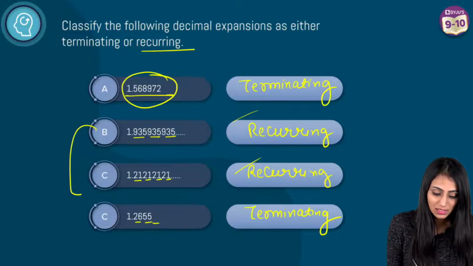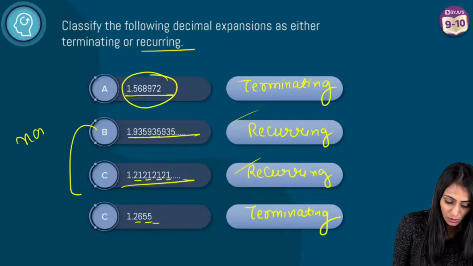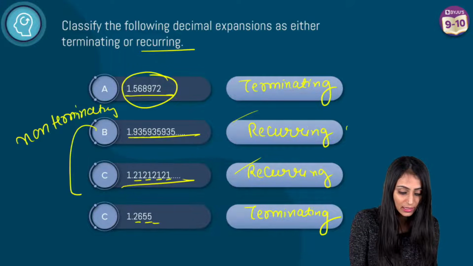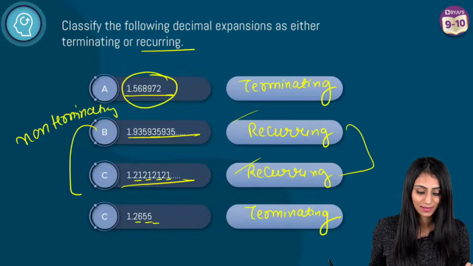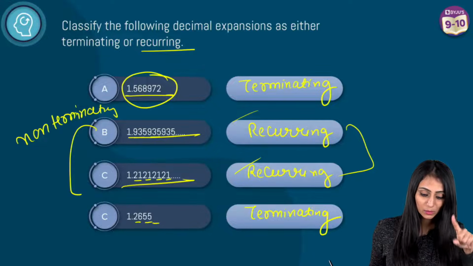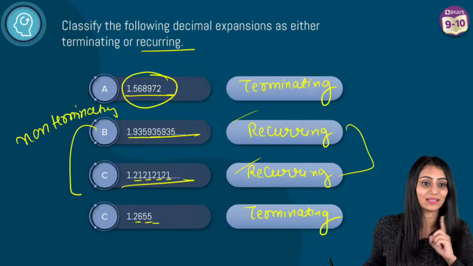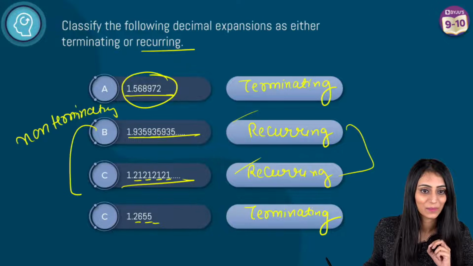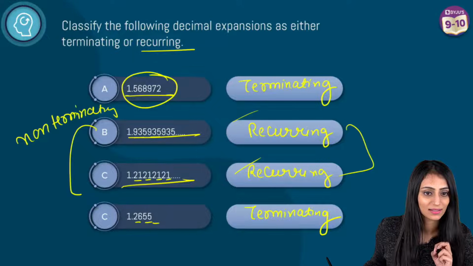So these two examples are non-terminating also. These are non-terminating, but recurring. Yes, both B and C are non-terminating but recurring. Right, Anushka. Absolutely, yes.